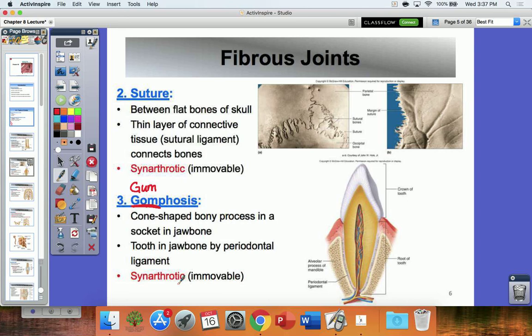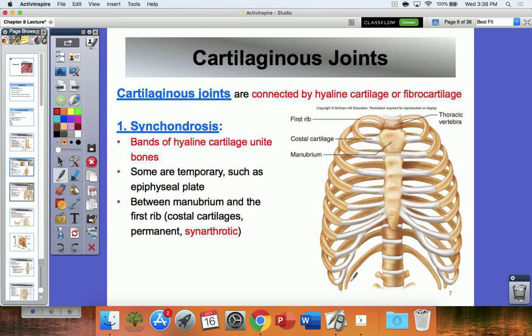Of course, as we go from toddlerhood to young childhood, we may lose teeth because of teeth being pushed through, or maybe the ligaments are becoming looser as we get older. Then they may come out, but as an adult, they should stay in, and that's why they're considered synarthrotic or immovable.